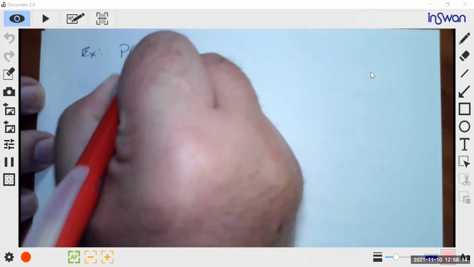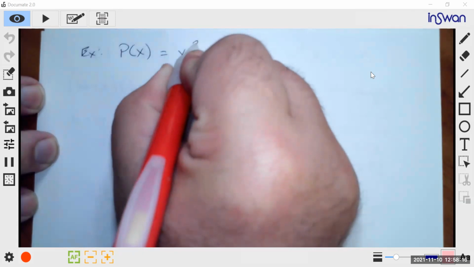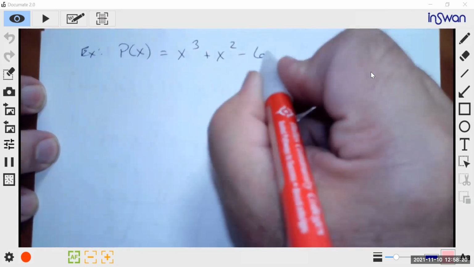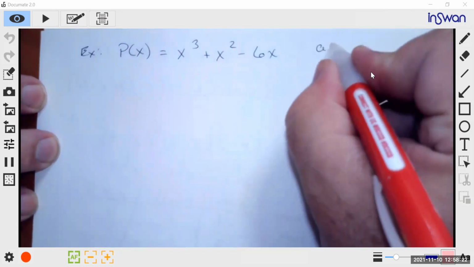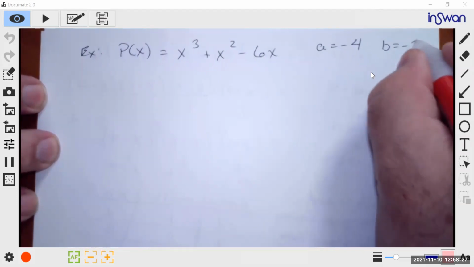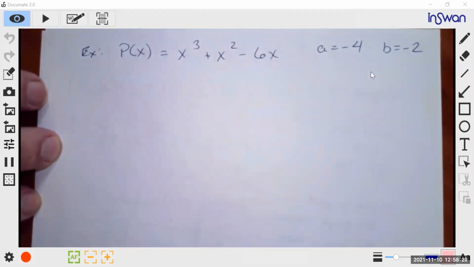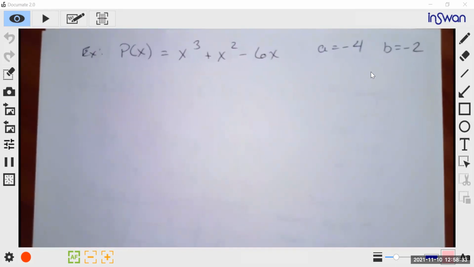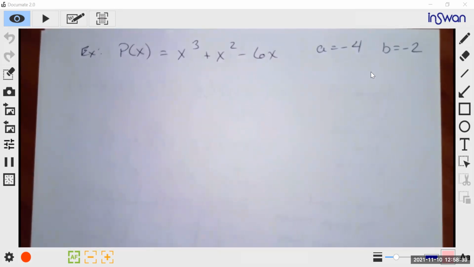P of x is the function x cubed plus x squared minus 6x. A is -4 and B is -2. So between the points -4 and -2, does the graph cross the x-axis?